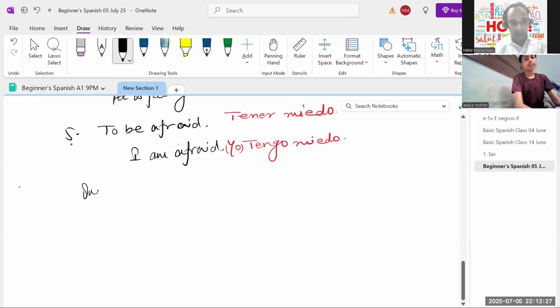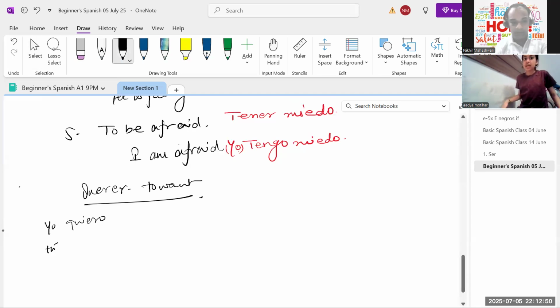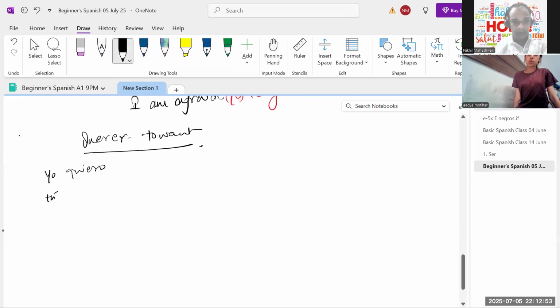Yes. Okay. That's good. Querer means to want. Tell me the conjugation of querer. How do you conjugate querer? Yo quiero. Then it will be tú quieres. Very good. Tú quieres. And usted, él, ella.